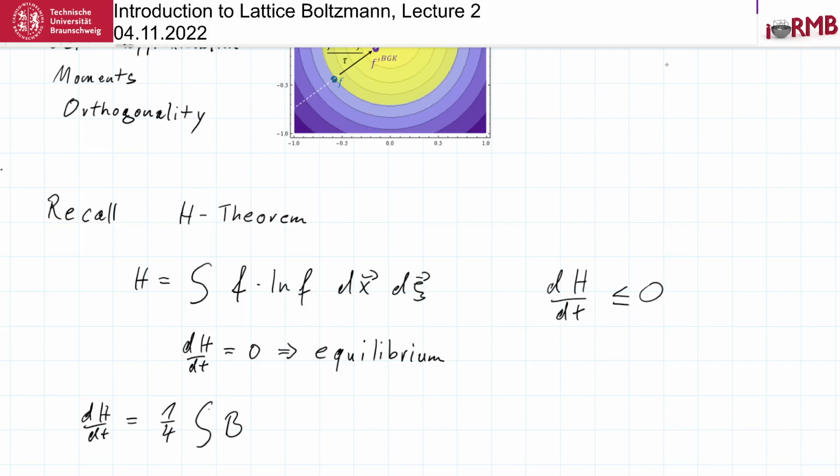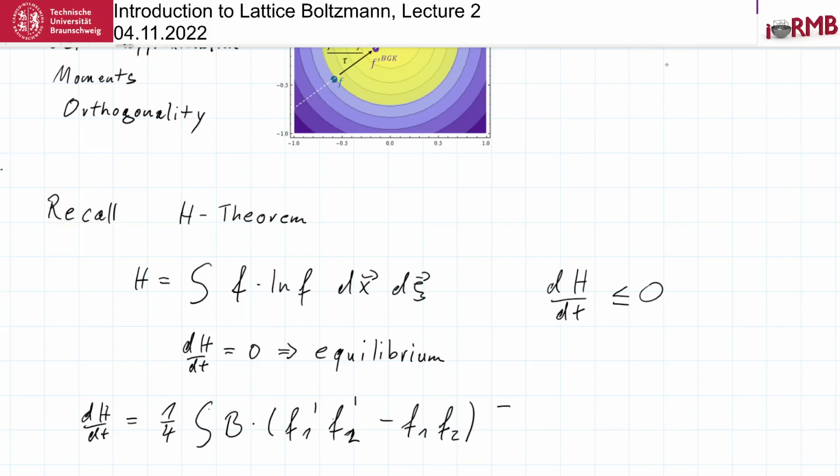We derived last week that dH by dt, by putting everything into it, is 1/4 the integral over the collision kernel B times F1 dash F2 dash, F1 and F2 after collision, minus F1 F2 before collision. So we always need two distribution functions because we are colliding two particles.